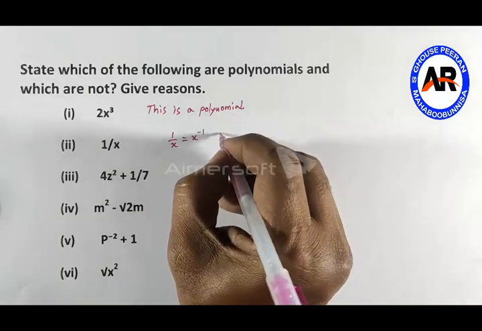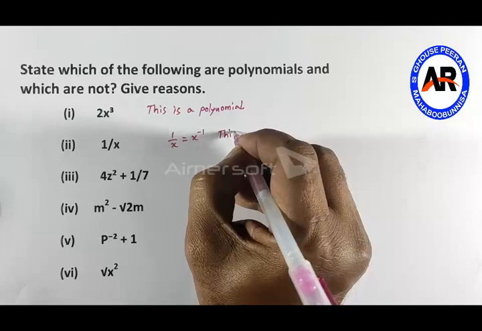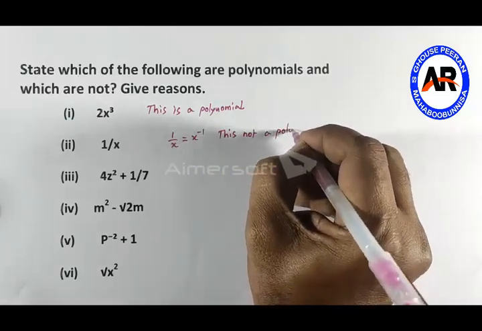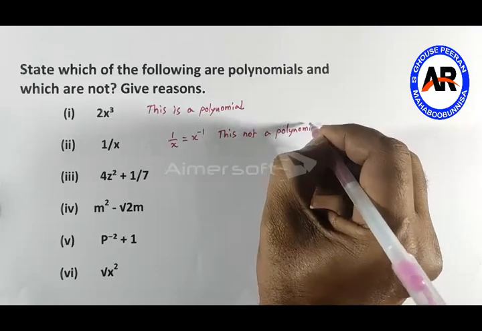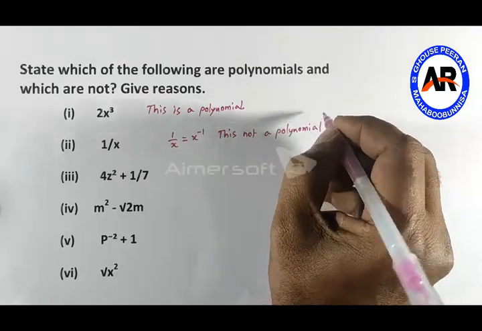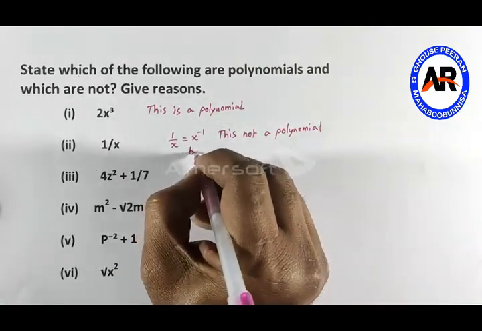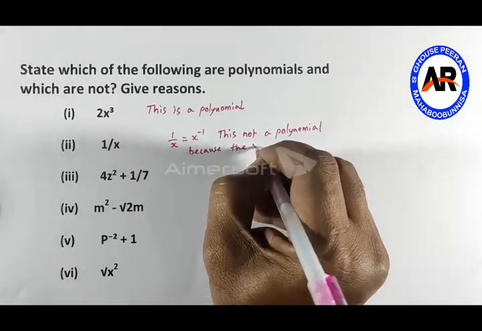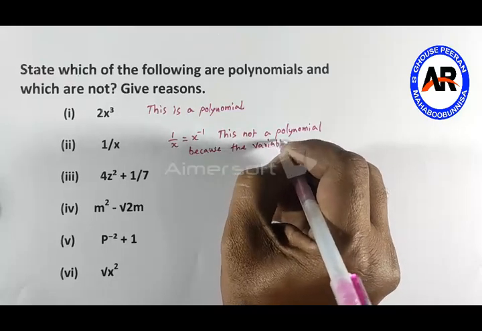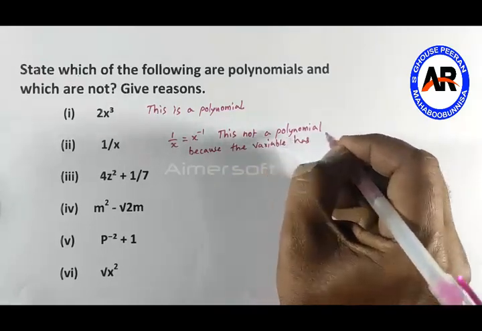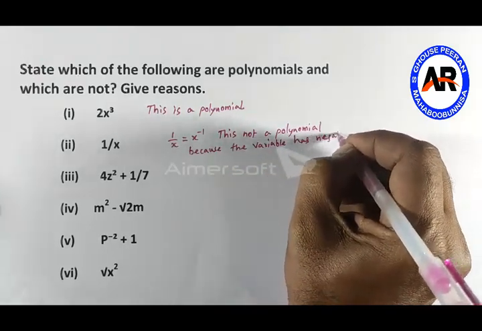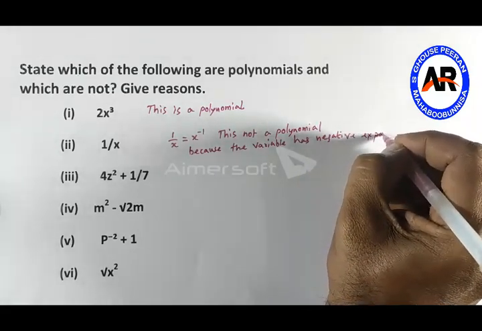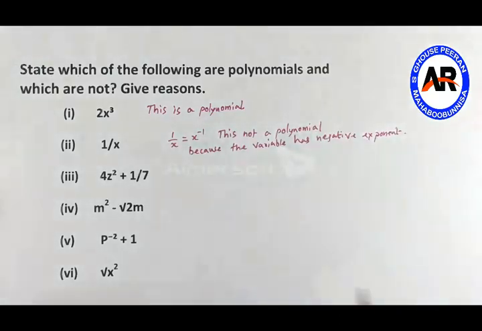Okay, you can write this is not a polynomial because the variable has negative exponent.